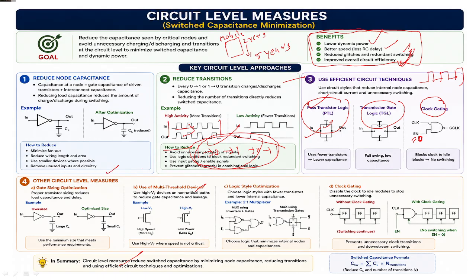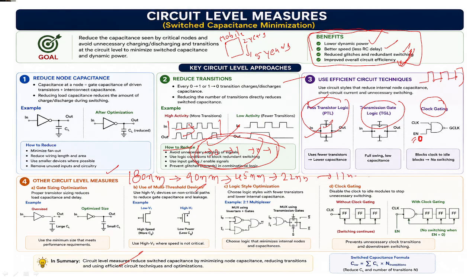In the initial days, assume they were using 180 nanometer technology, and then these are the approximate technologies: 90 nanometer, 45 nanometer, 22 nanometer, and 11 nanometer.